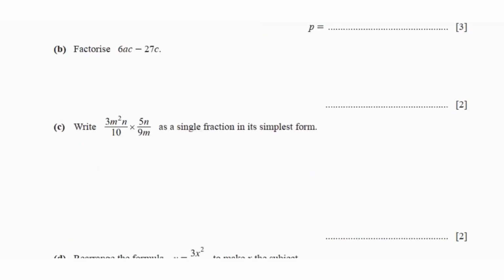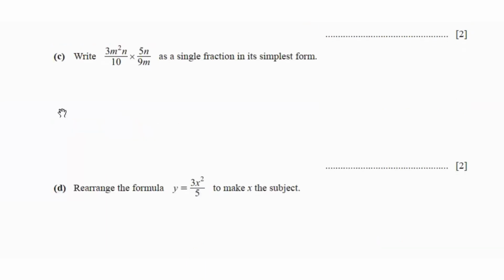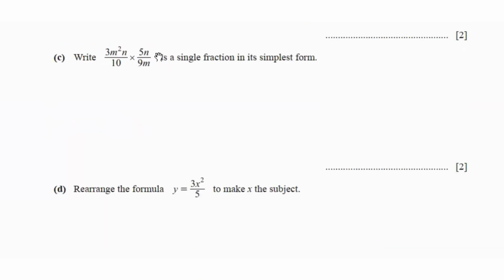That's p. Part B says factorize 6ac minus 27c. So between 6ac and 27c, we have 3c common. So inside the bracket, we'll have 2a minus 9. Then it says write 3m squared n over 10 times 5n over 9m as a single fraction in its simplest form.